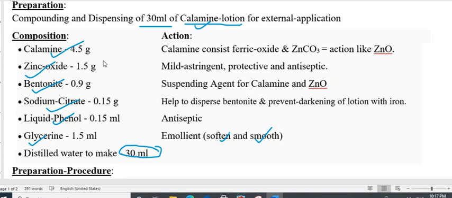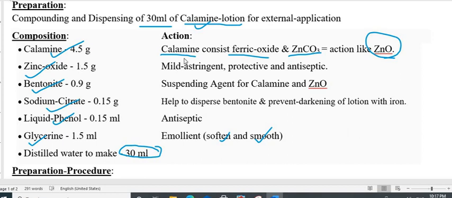Now we have to go through the action and property of each ingredient. The calamine component is actually ferric oxide as well as zinc carbonate, so the action of calamine is quite similar to zinc oxide. However, you are also putting the zinc oxide. So what is the action of zinc oxide?